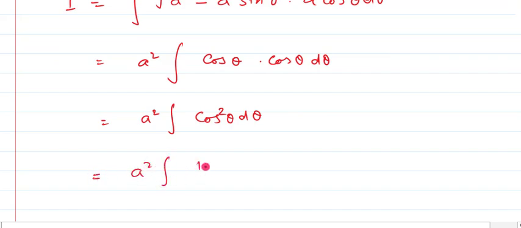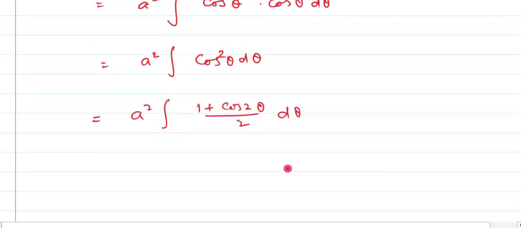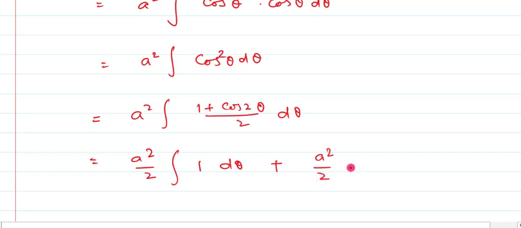It is simply by taking 1 plus cos 2 theta upon 2 in place of cos square theta. So we are left with a square upon 2 integration of 1 d theta, and the second part is plus a square upon 2 integration of cos 2 theta d theta.